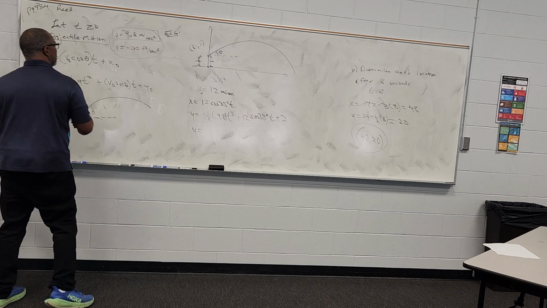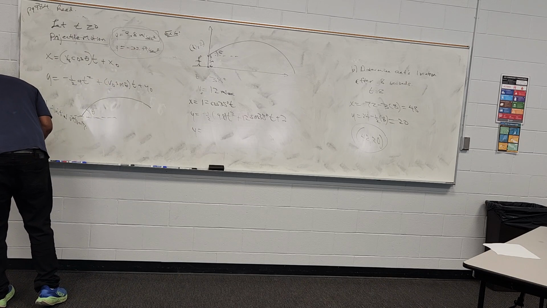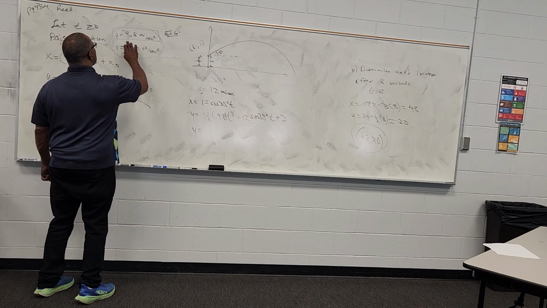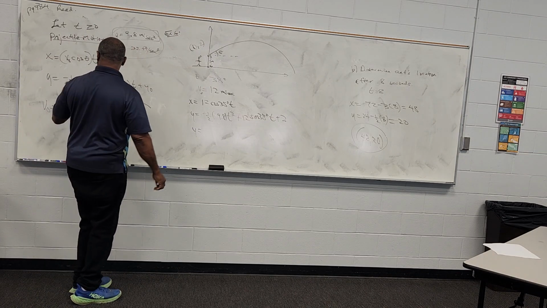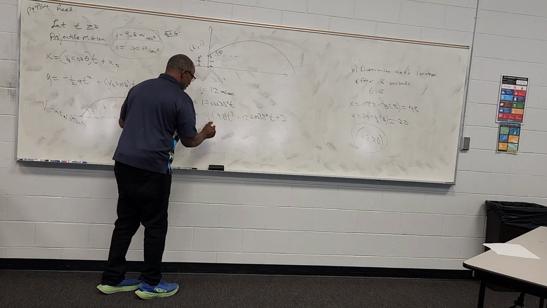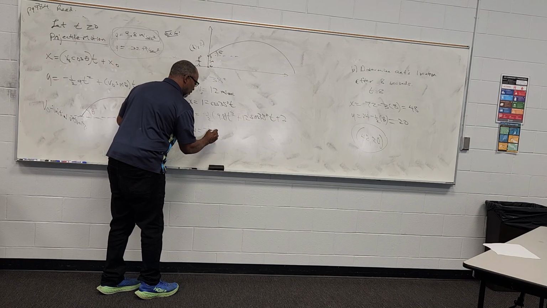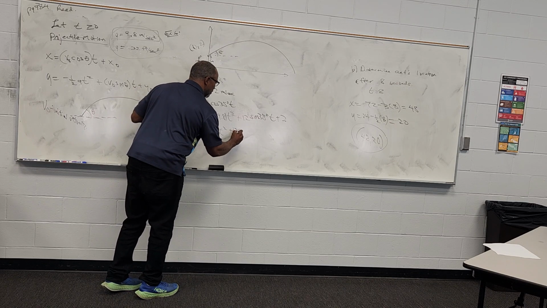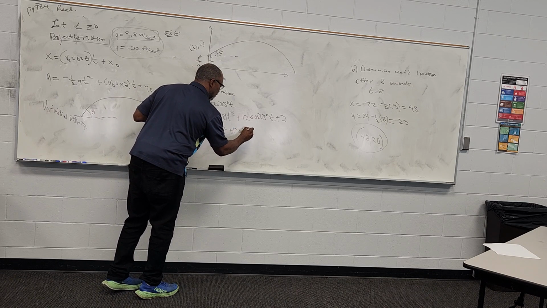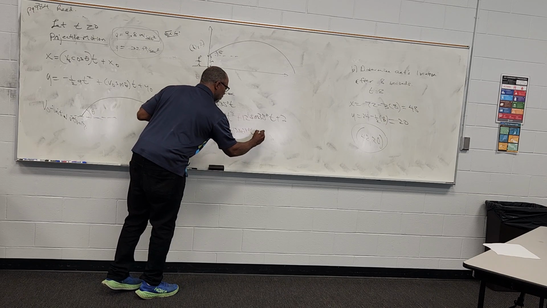We've already accounted for the negative, but it's a negative 1/2, so this becomes negative 4.9 t squared plus 12 sine 38 degrees t plus 2.